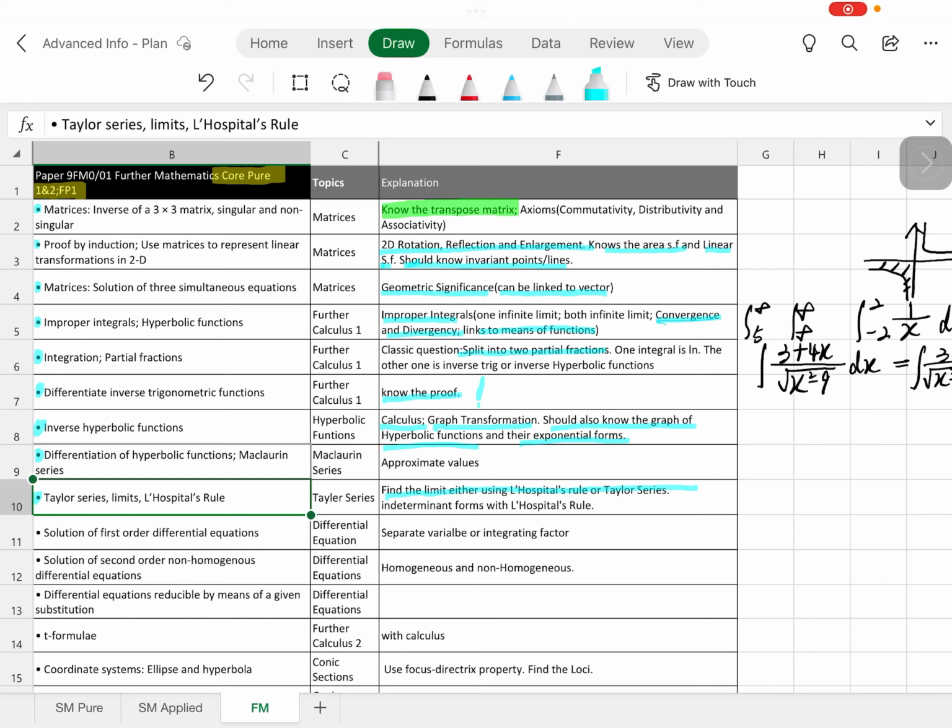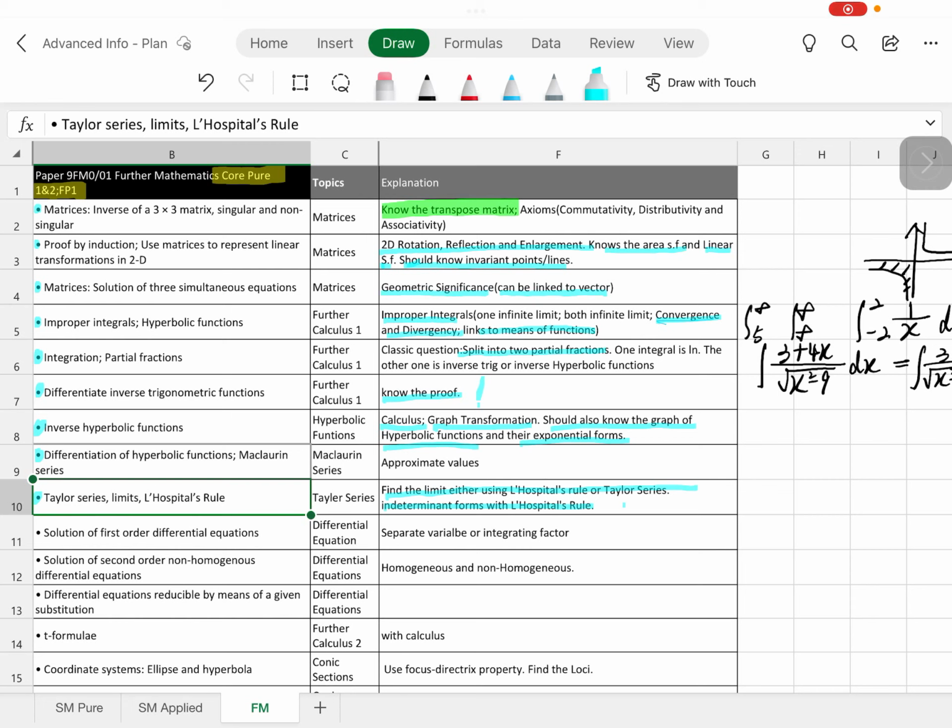For other indeterminate forms, for example, 1 to the power of infinity, you need to be able to use exponential to convert it into the normal L'Hopital form and then apply L'Hopital's rule. So that would be quite important. Okay.